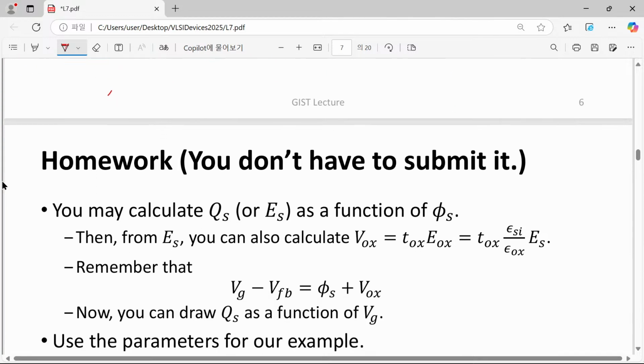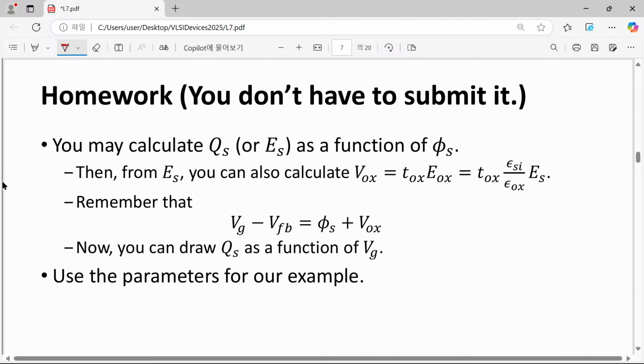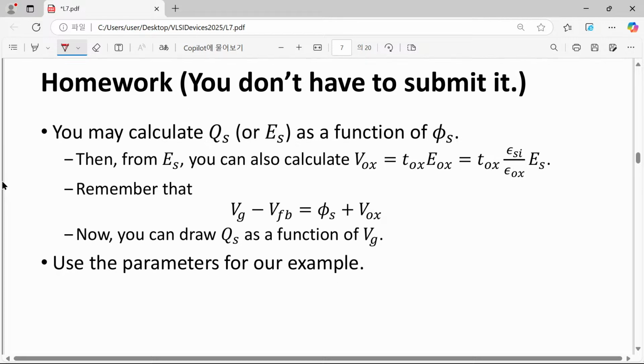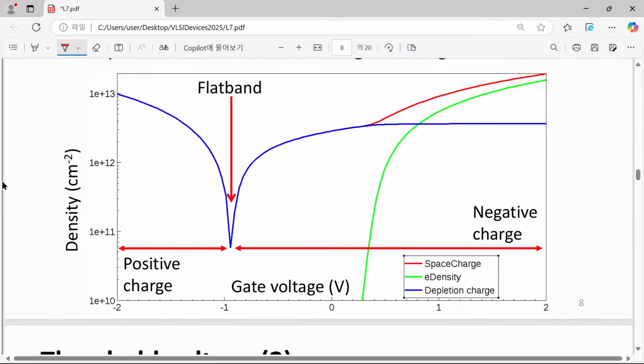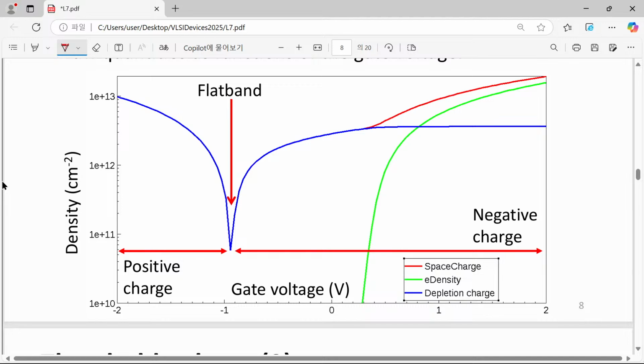Okay, good question. And I wanted to stress this homework. Of course, the homework answer is given here. This is the answer of our homework problem, but the reason why I assigned this homework is, since this expression is so important, please try your own drawing.